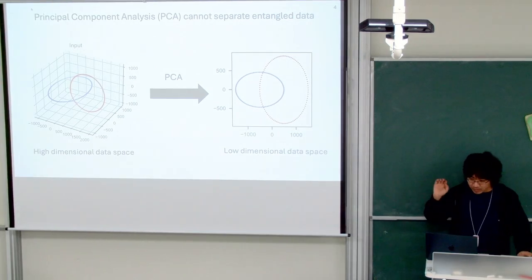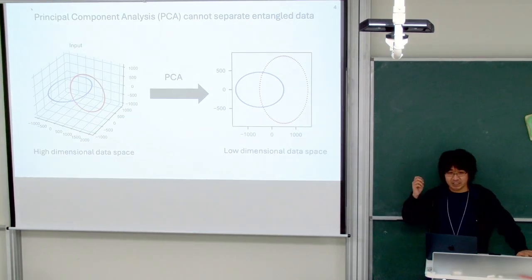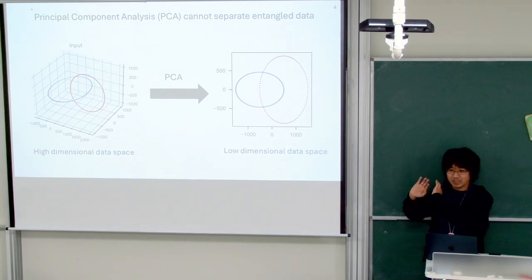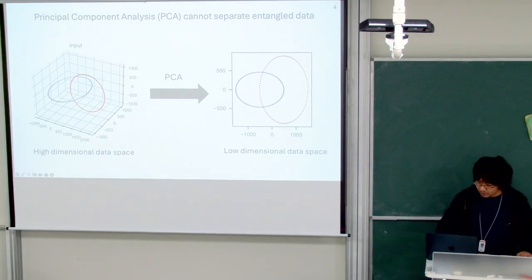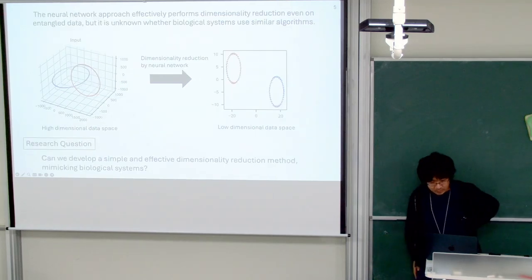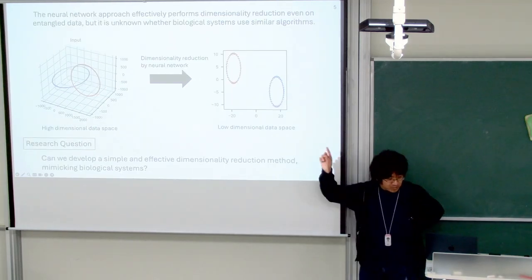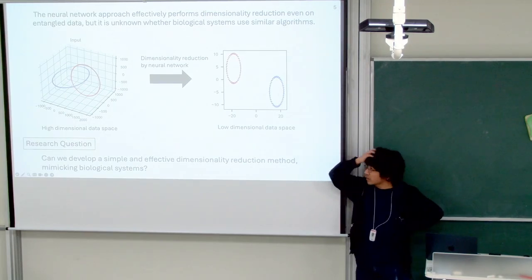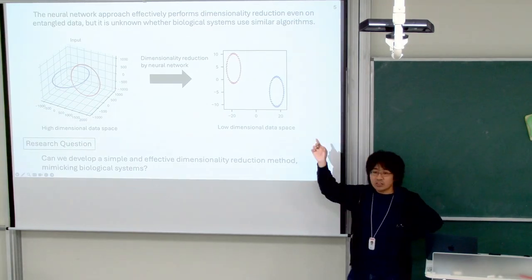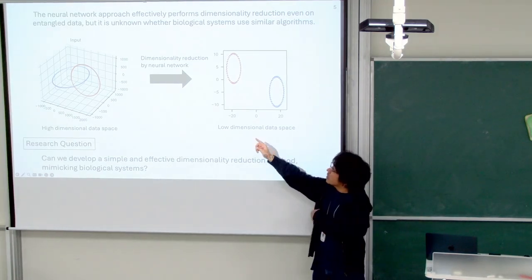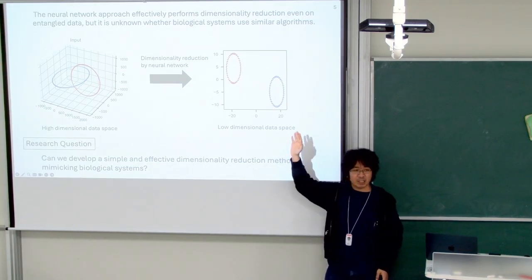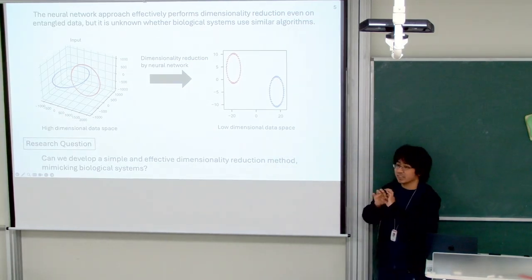So our brain needs to separate in a nonlinear way. One of the nonlinear methods is the neural network. The neural network approach can separate entangled data.